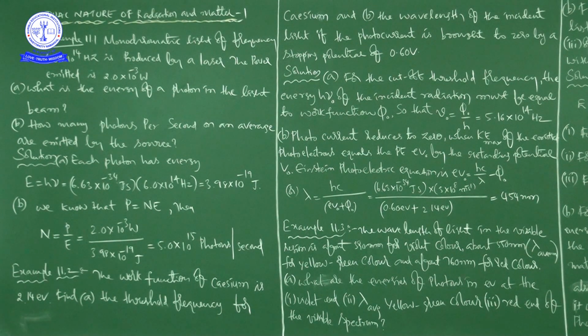Next, B. In case of B, we have to find the number of photons per second on an average emitted by the source.